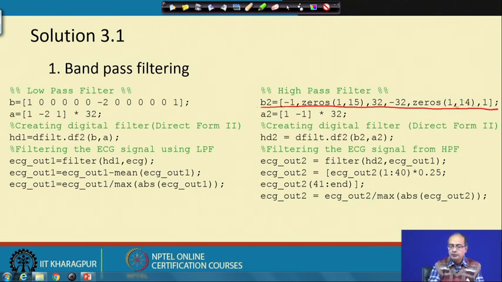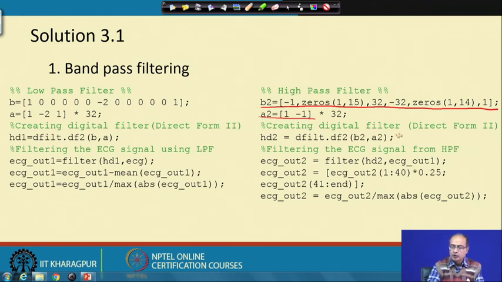So, we have a big length here. 1 plus 15 plus 1 plus 1, that is 18, plus 14 is 32, plus 1, 33. That is the overall length of the numerator polynomial. In the denominator we have just 2 coefficients, and again 1 by 32 is there, which is incorporated as a multiplicand in the numerator filter.